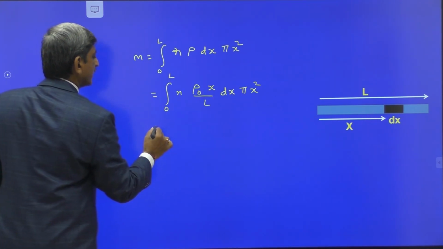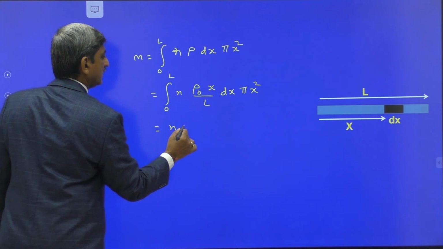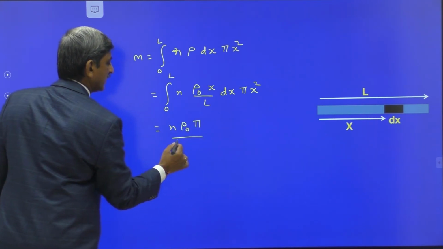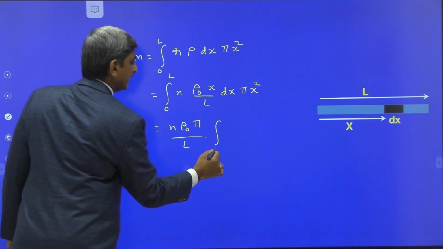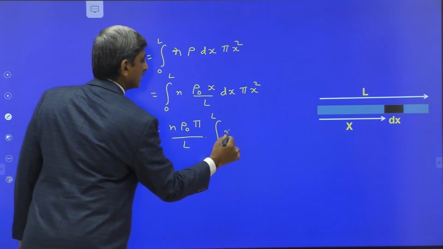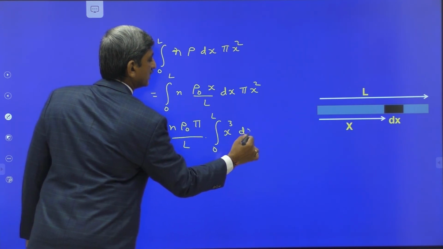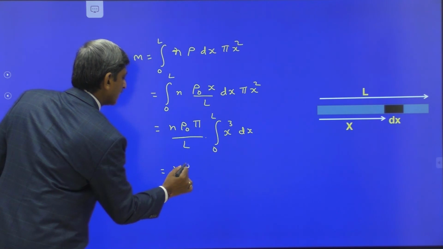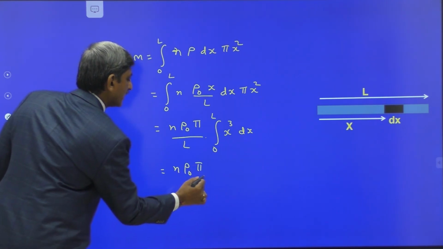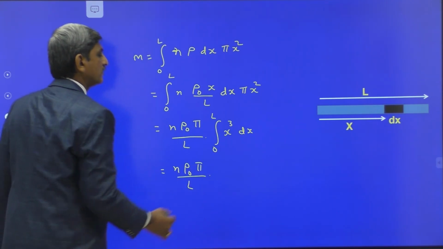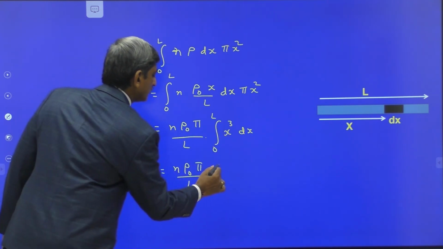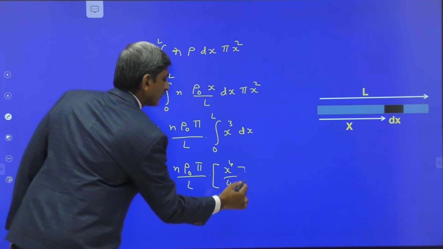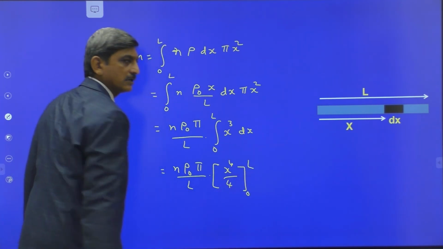Take them outside the integration, it becomes n rho naught pi by L times integral 0 to L of x cube dx. This is equal to n rho naught pi divided by L times the integral of x cube dx, which is x to the power of 4 by 4, between the limits 0 to L.